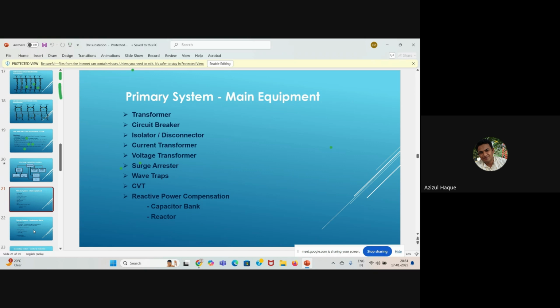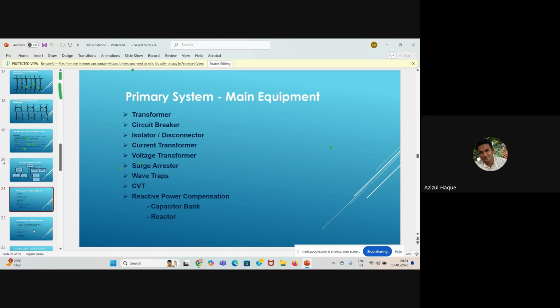If it is a transformer feeder, then there will be a transformer, circuit breaker and isolator. The current transformer and voltage transformer or CVT are common, and there will be a surge arrestor. But a wave trap will not be there, and the reactive power compensation components will not be there for a transformer bay. But in case of a line feeder, the transformer will not be there. There will be a circuit breaker, isolator, then CT, CVT and surge arrestor, and a wave trap will be there.